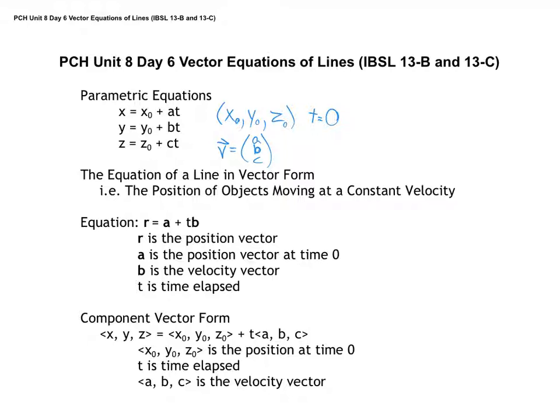Now, when we are talking about the equation of a line in vector form, we're going to always assume that the velocity stays constant. In other words, we're going to deal with linear situations.